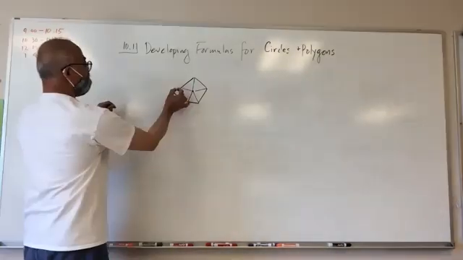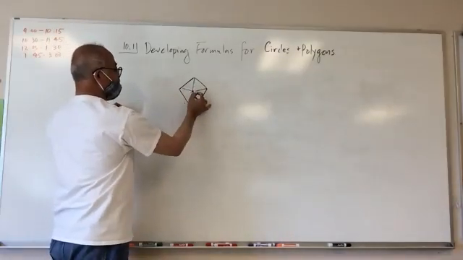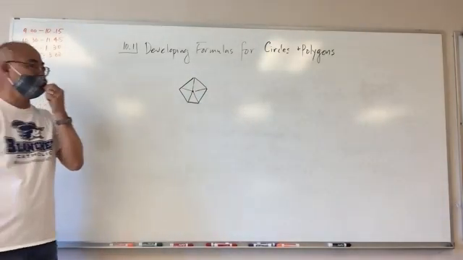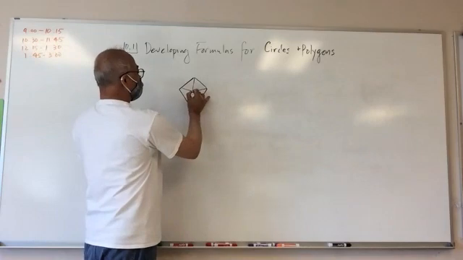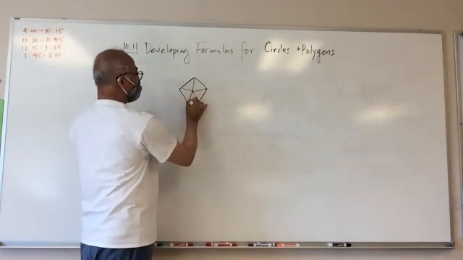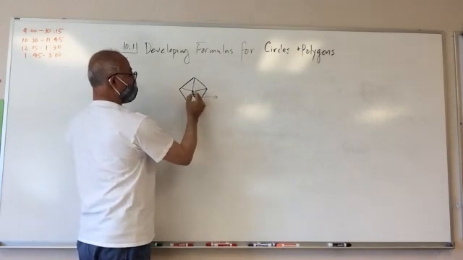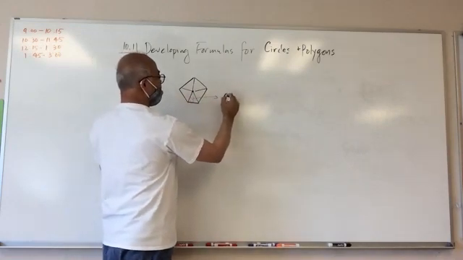Because these are all radiuses, right? They're all the same. Right? It's a regular polygon. This guy here, this height of one of these triangles is called the apothem.